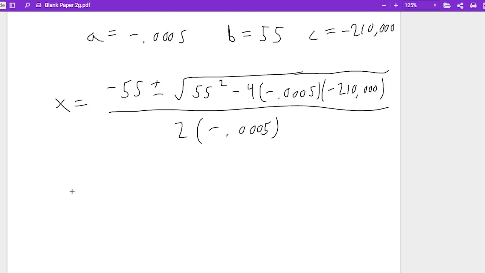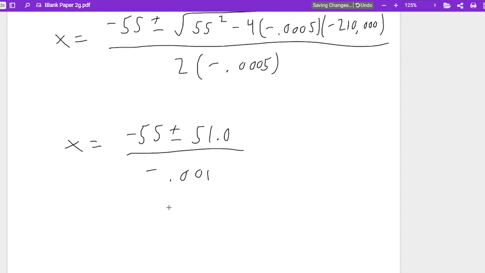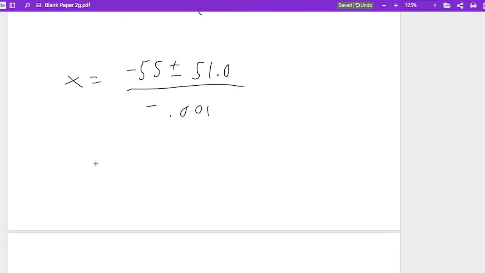Once again, we need to plug this in our calculator and see what we get for the square root portion. And for this, we're going to get negative 55 plus or minus 51.0, all divided by negative 0.001.